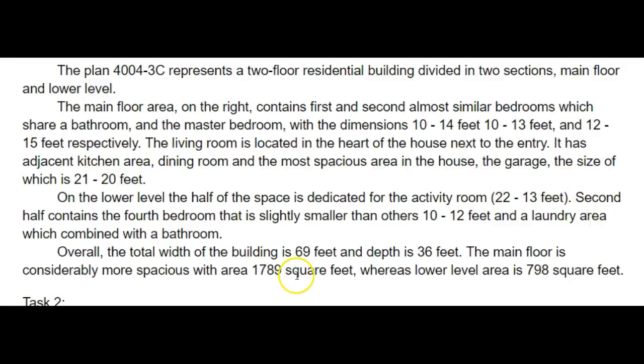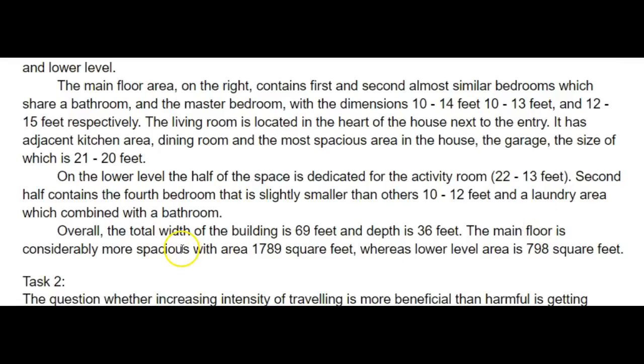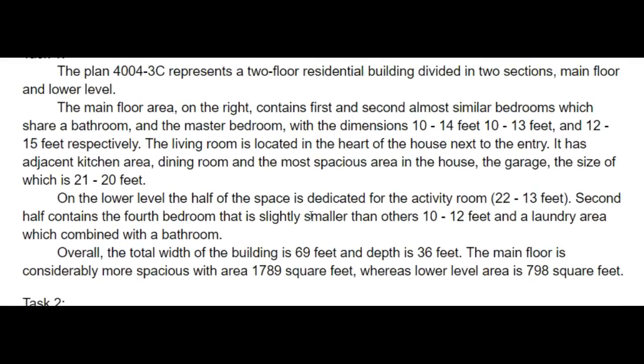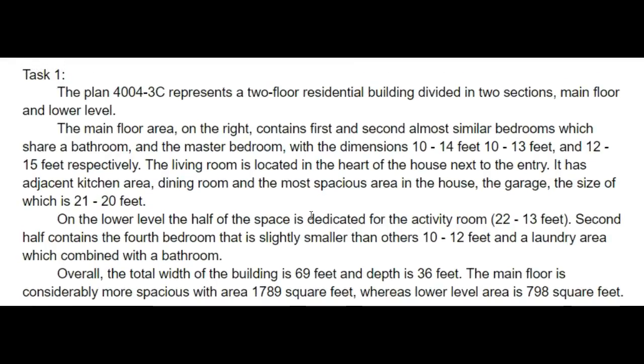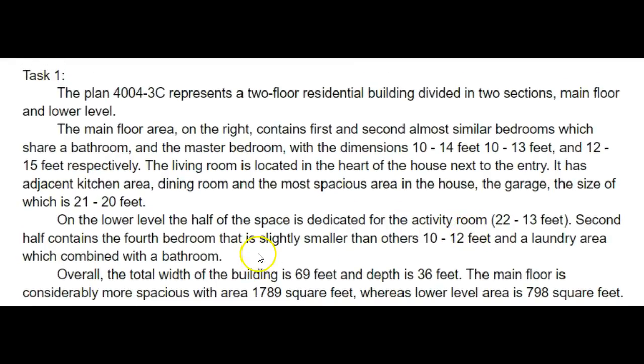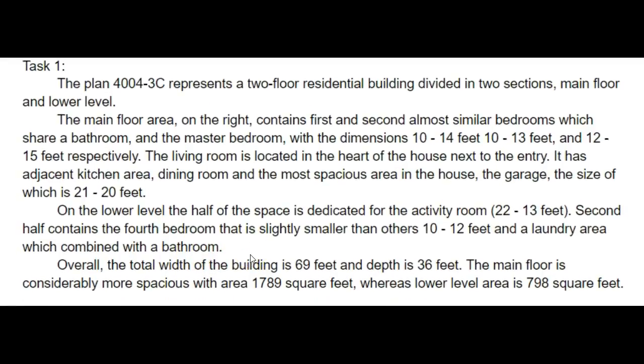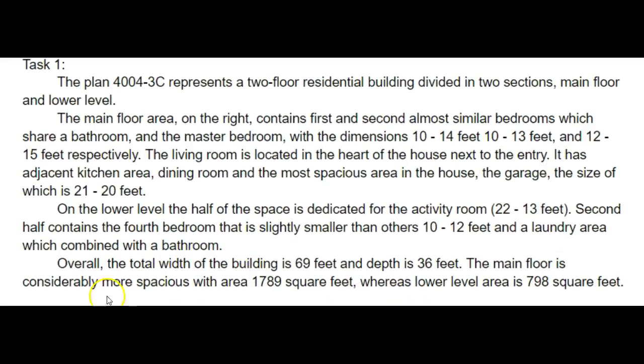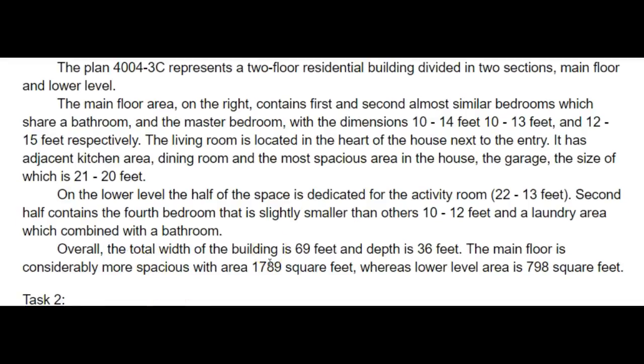The other half contains the 4th bedroom that is slightly smaller than the others at 10 by 12 feet, and a laundry area which is combined with, let's say, a washroom, or a laundry area which doubles as a washroom.